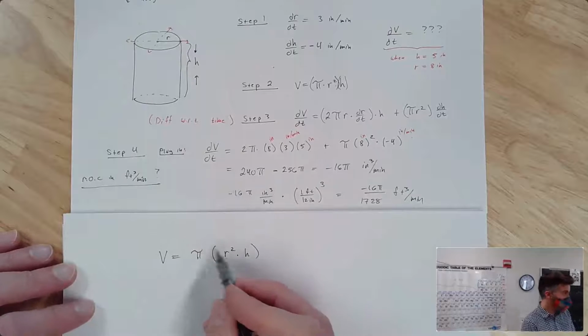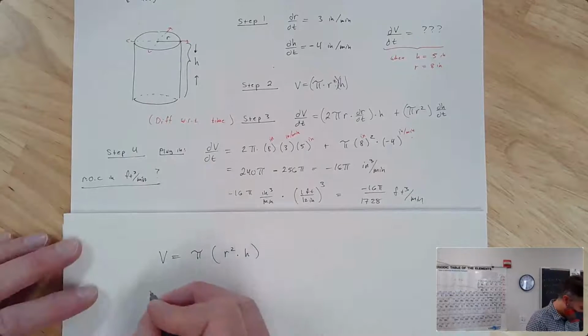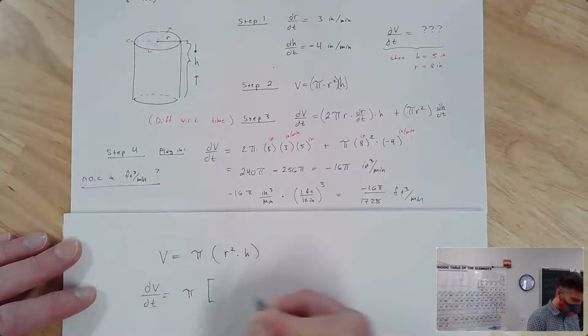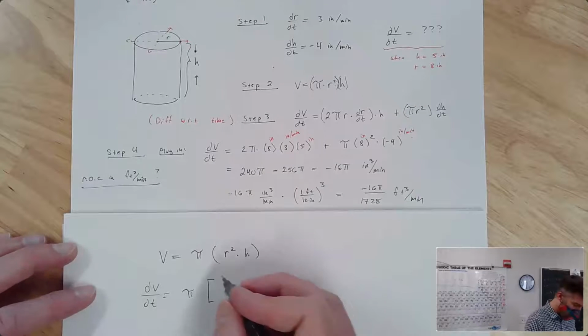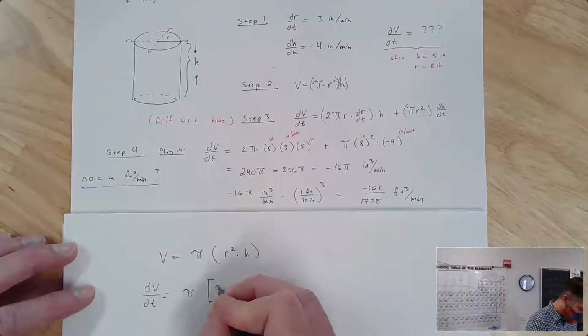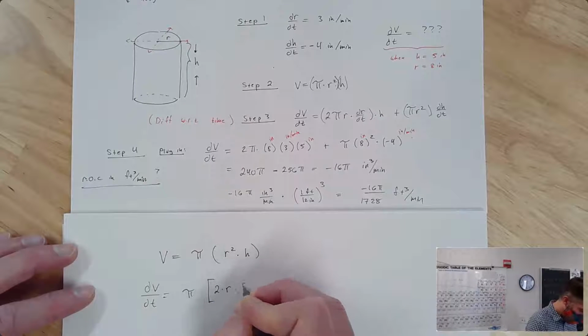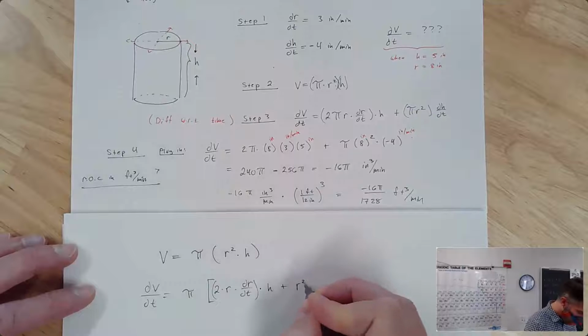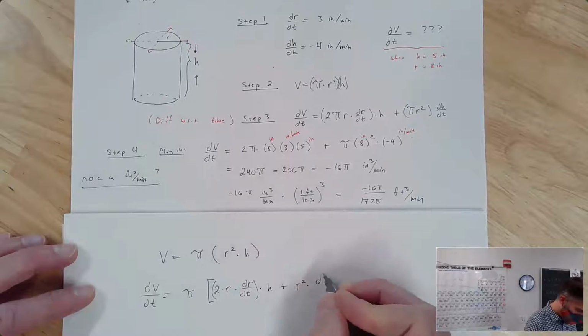That pi is a constant multiple that just hangs out, and the derivative is pi times, using the product rule, the derivative of r squared, which is 2 times r to the first times dr/dt, and then we still have the h here, plus r squared times the derivative of h, which is dh/dt.